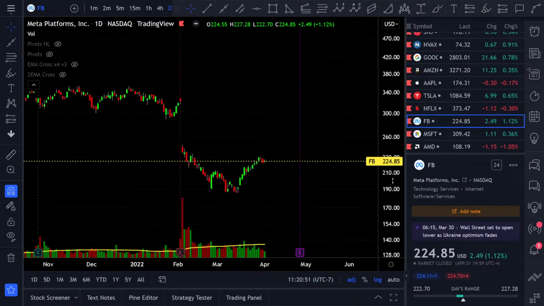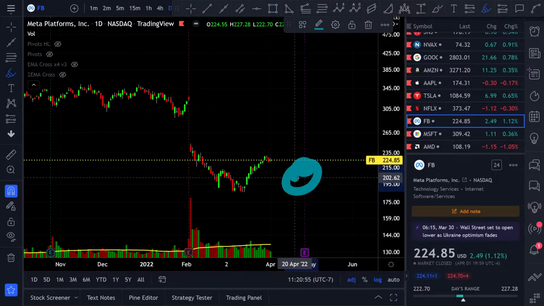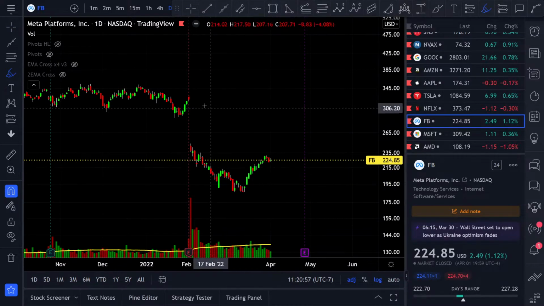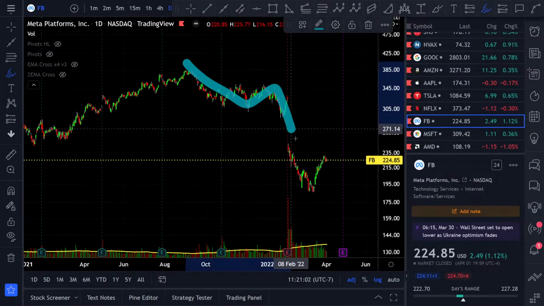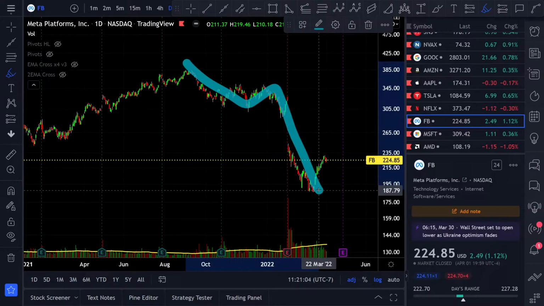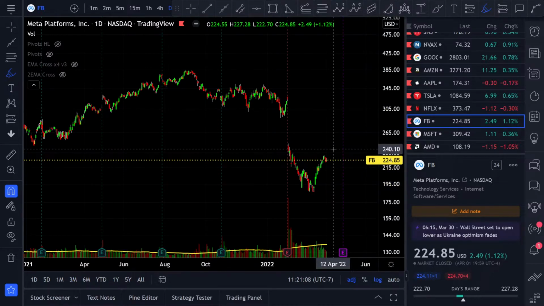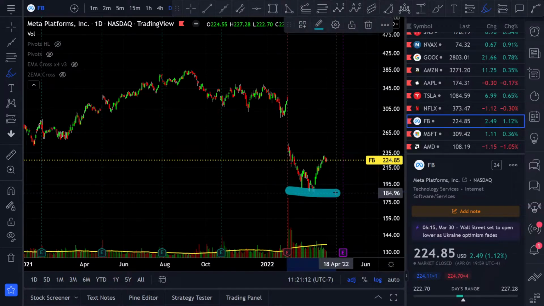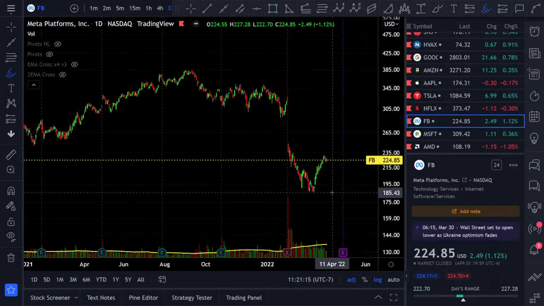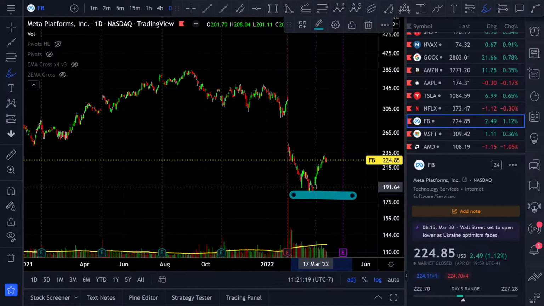Because if they release any good PR, it could be very interesting right here at this particular spot, because we're seeing the trend change take place. It's been downtrending for such a long time. Down and then a huge capitulation down. Now, if things are really going to pick up for the broader market, if we pull back but hold above for this particular stock, Meta holds above 183 and never goes below that, then that is the bottom for now.